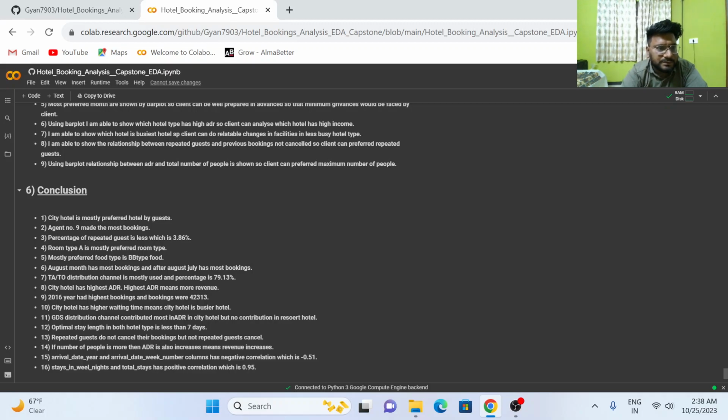The GDS distribution channel contributed most to ADR in city hotels, but there was no contribution in the resort hotels. The optimal stay length in both hotel types was less than 7 days.